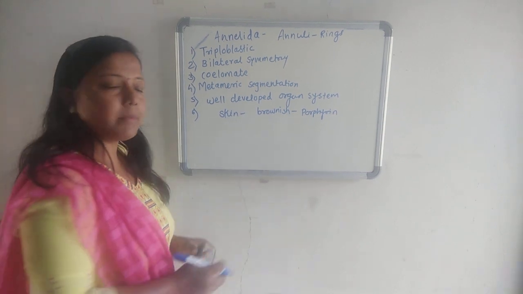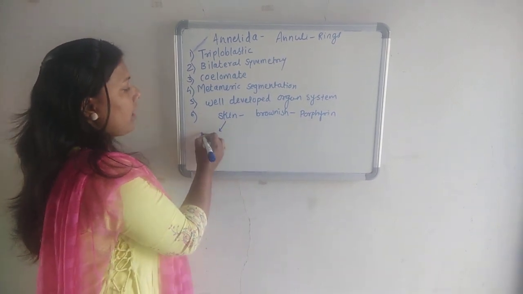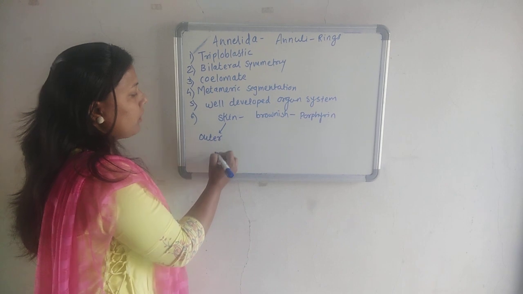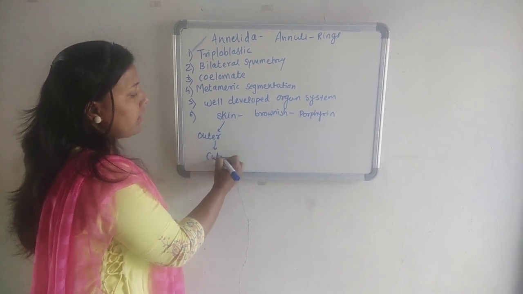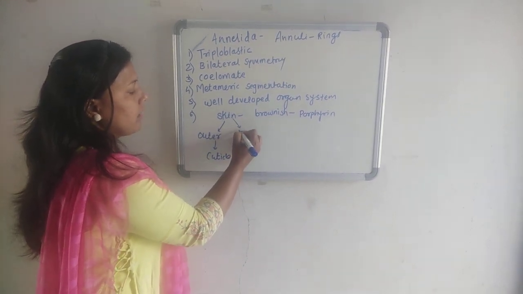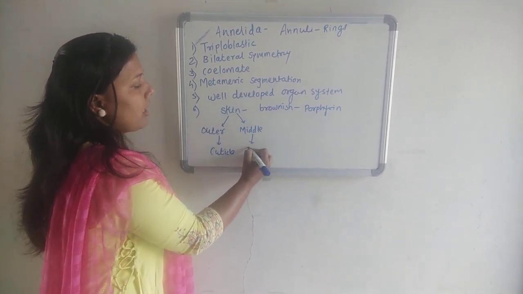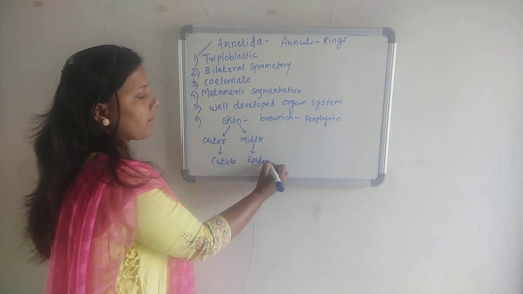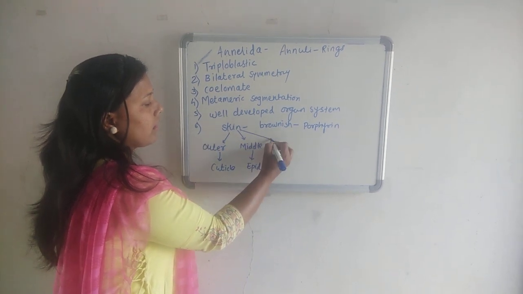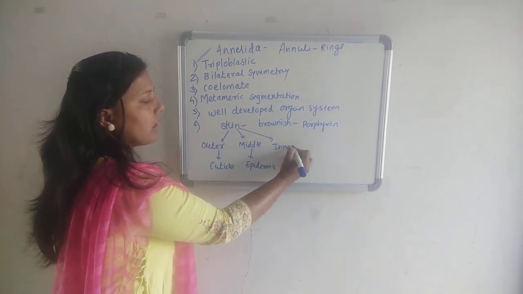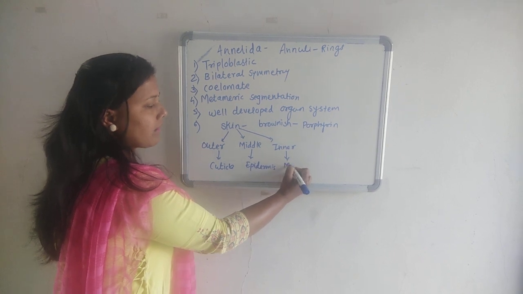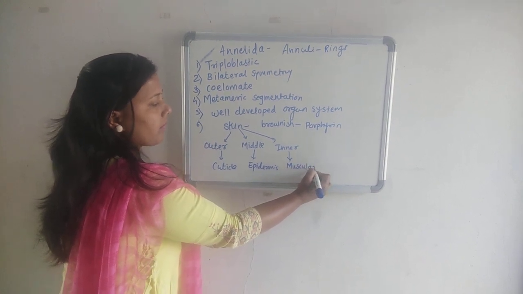The skin is made up of three layers. The outer layer is known as the cuticle, the middle one is known as the epidermis, and the inner layer is known as the muscularis.